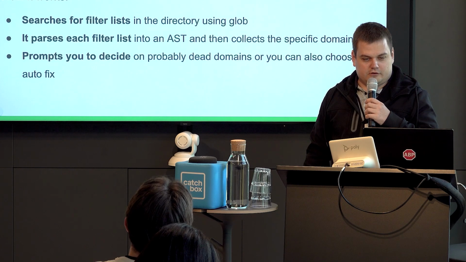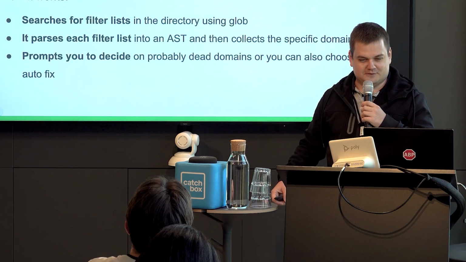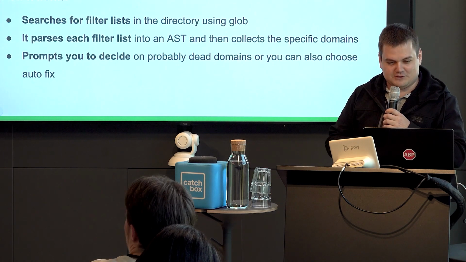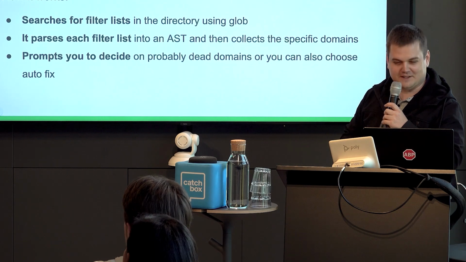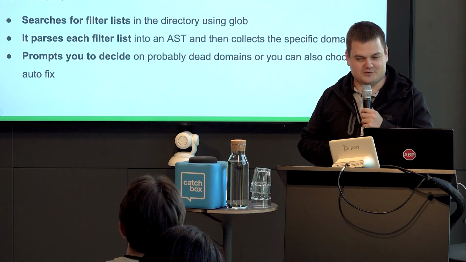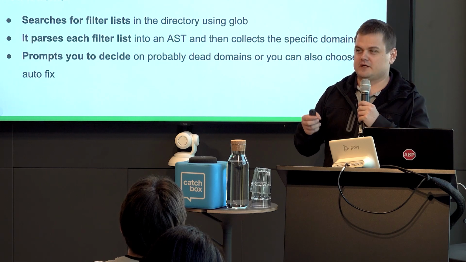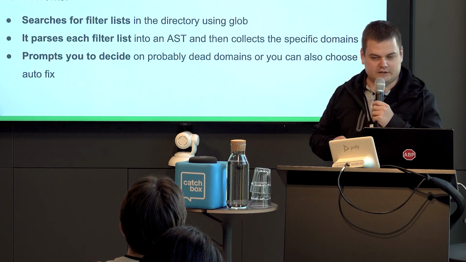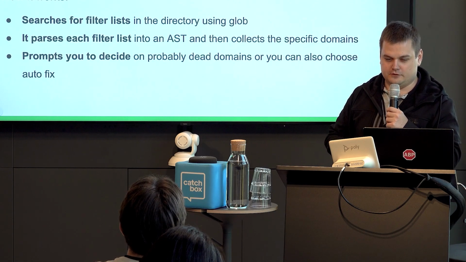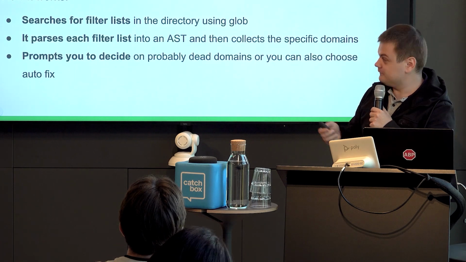For this, Andre developed the dead domains linter, which is also built on AGTree. And I believe this is a very useful tool. So I'll give an overview at the end of my presentation, and I hope many of you will find it helpful as well.